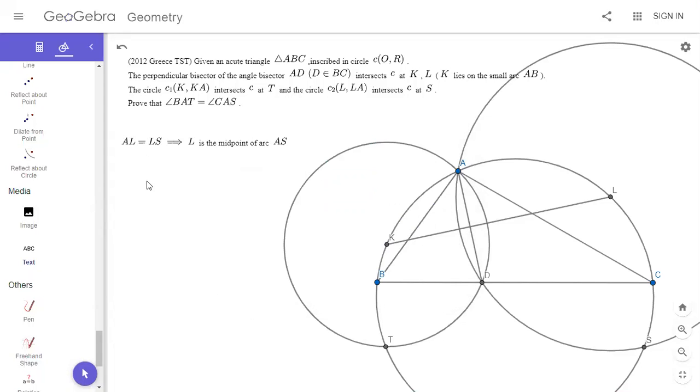Okay, so that means AL is the angle bisector of AKS.